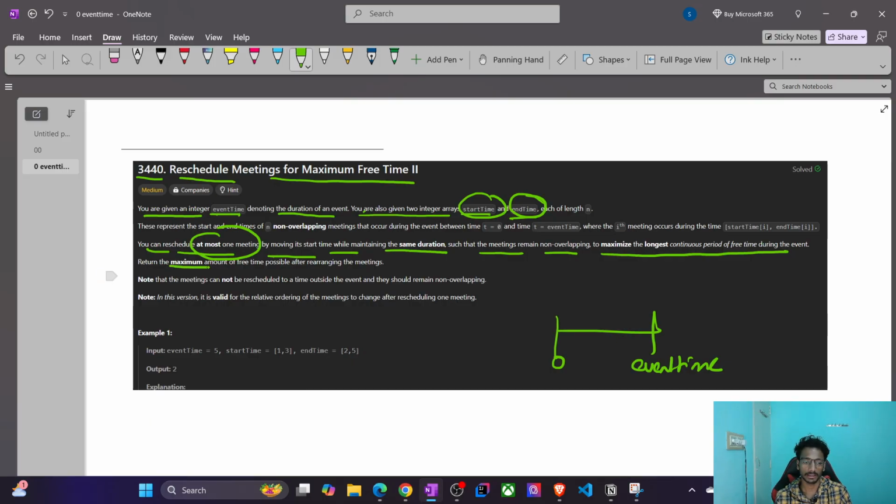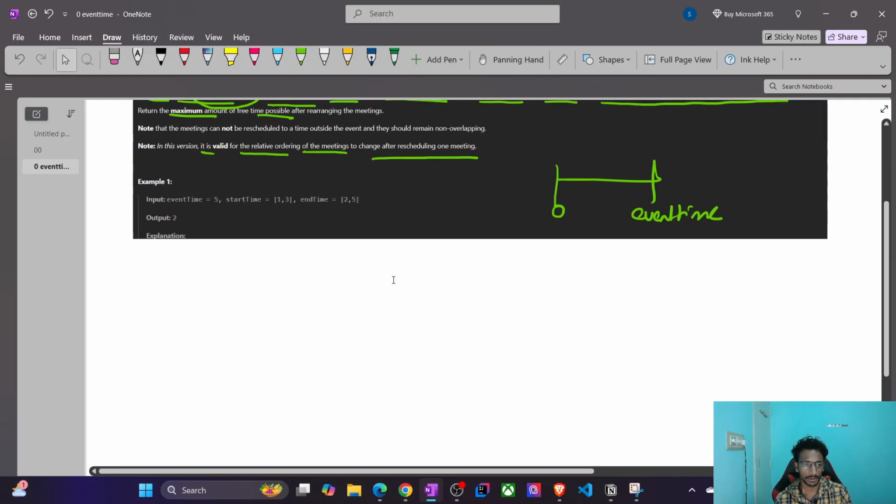So we have to return the maximum amount of free time we can get. In the previous variant you had to maintain the order, but in this version it is valid for the relative ordering of the meetings to change after rescheduling one meeting. So you can change the order here.